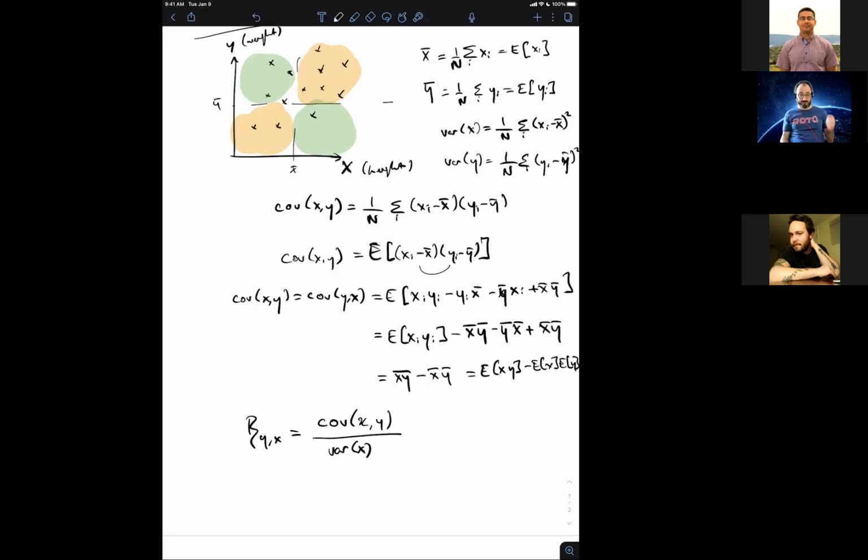The regression of y on x is simply the covariance of x and y divided by the variance of x, and this division ensures that the issue with the scale of x is taken care of. So whatever unit you express the scale in, if you move one standard deviation, which is the square root of the variance, in x, you get the same change in beta yx.